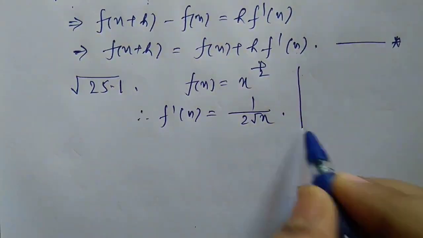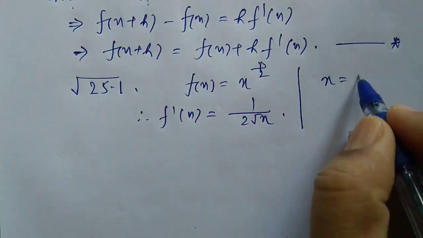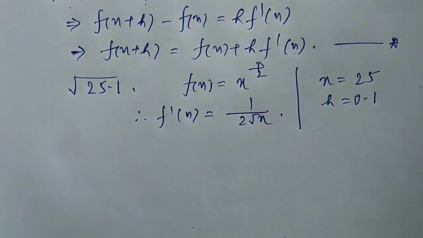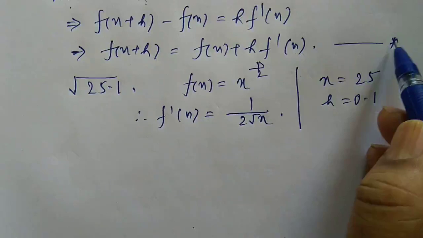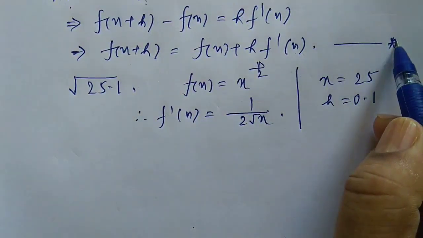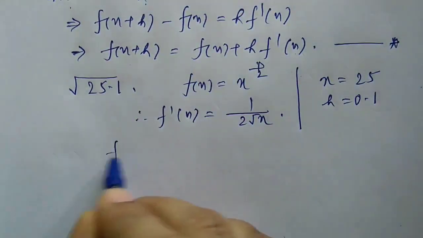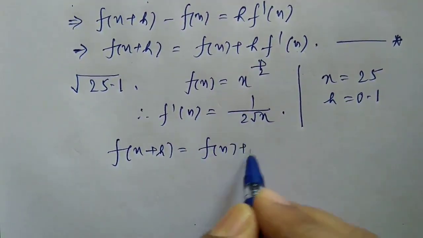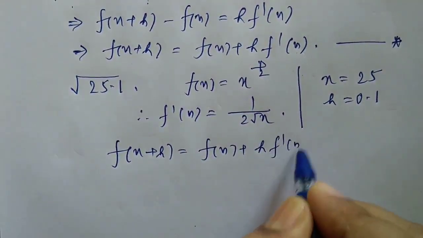Now we again define x equal to 25 and h equal to 0.1. Now come to this point. What shall I get? f(x plus h) equal to f(x) plus h into f dash x.